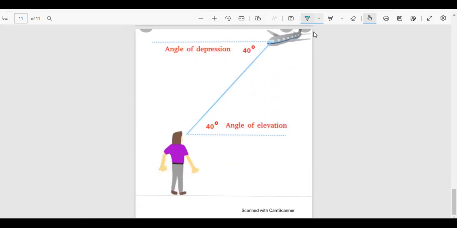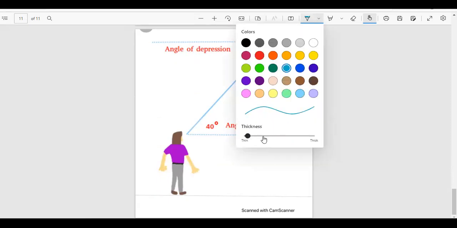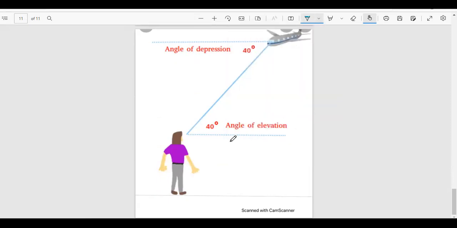Okay, what do we see? Now we see again two things. One is at the bottom, the other one is at a higher position. It would be the angle of elevation for this girl and the angle of depression for the pilot. If the pilot wants to see down, he would have to bend down, so that is the angle of depression.